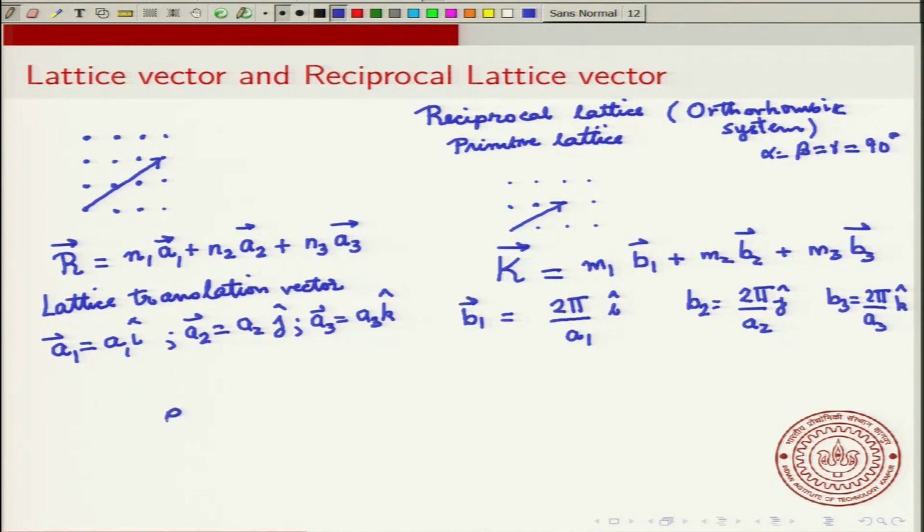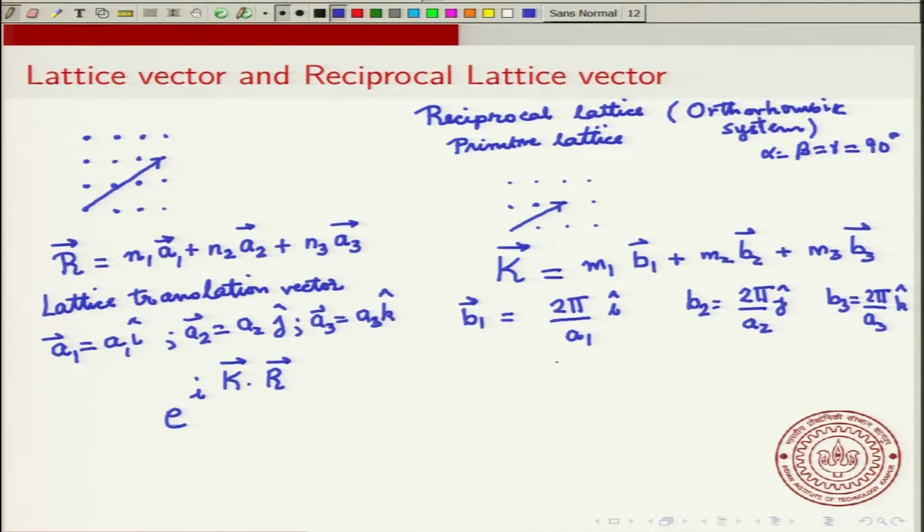So this is a general translation in the reciprocal lattice, and what you can see is that if I take e to the i k dot r, this looks like a travelling wave. The only thing is I have taken k to be a reciprocal lattice translation vector and r to be a lattice translation vector.